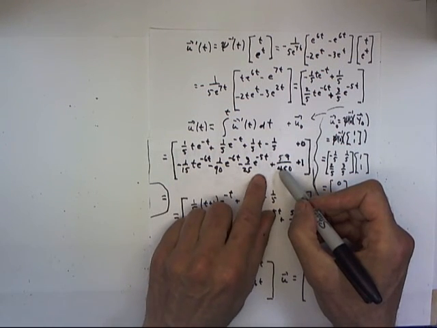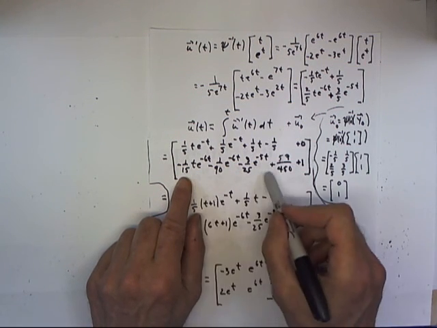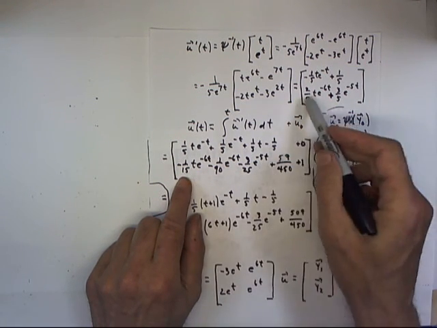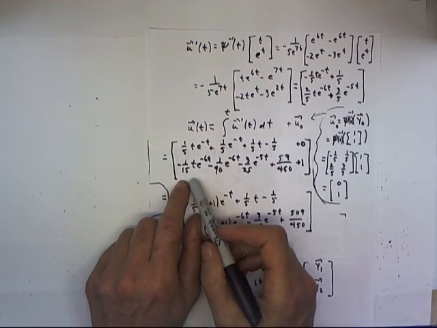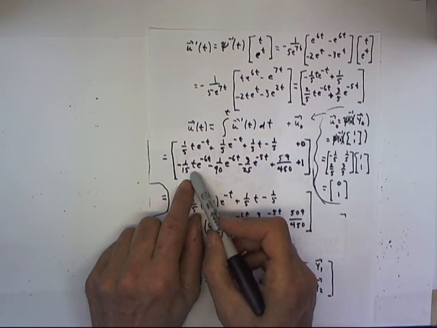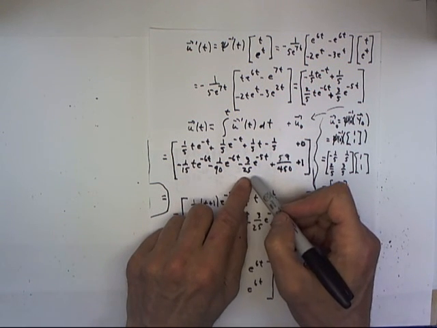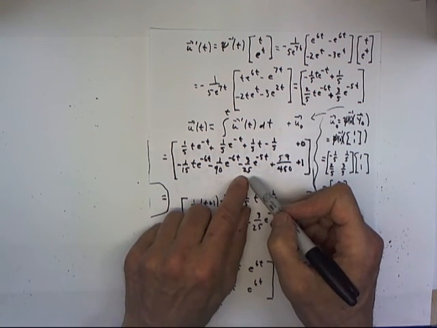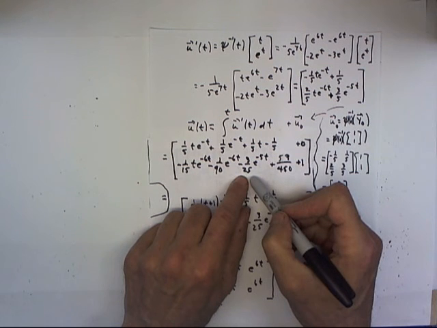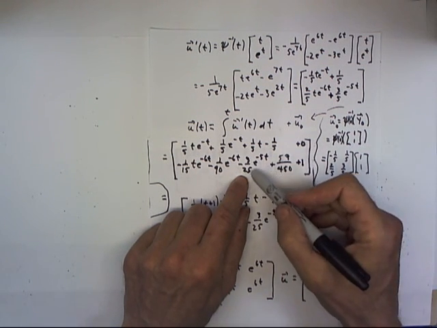If we plug t equals 0 into these antiderivatives, because this is the antiderivative of what we have here, I get a 0 here. Here I get negative 1/90th. Here I get negative 3/25. 1/90th is 5/450ths. 25 goes into 450 18 times, which is fairly easy to see. 3 times 18 is 54.